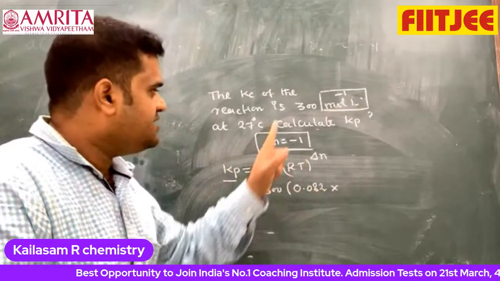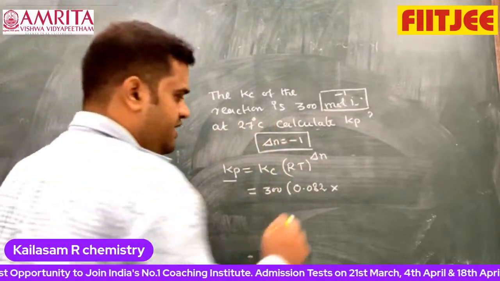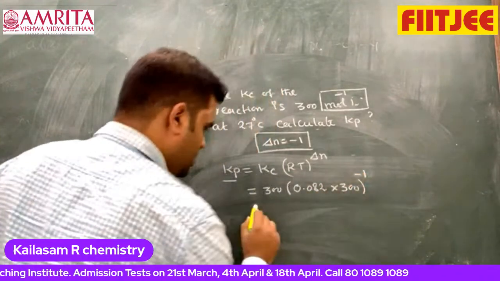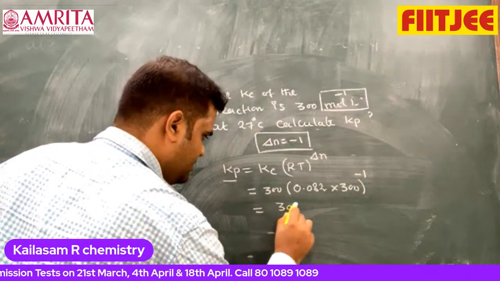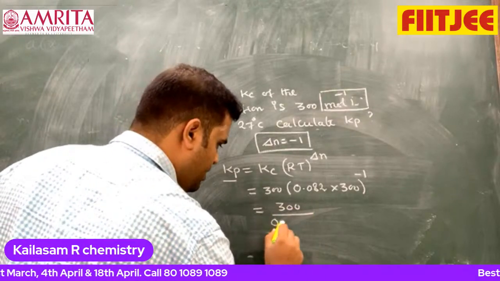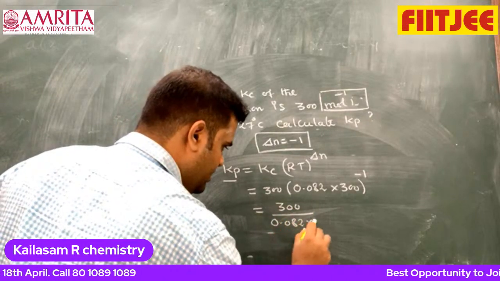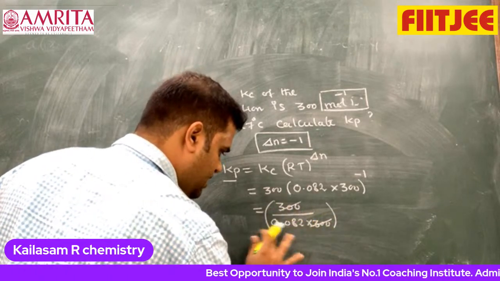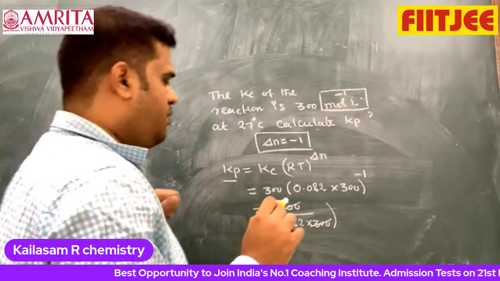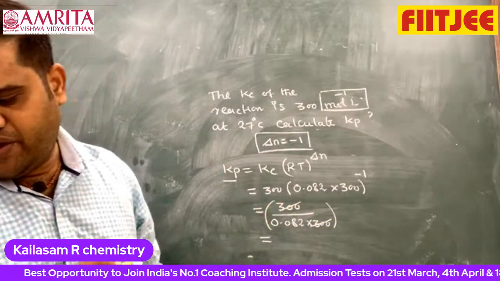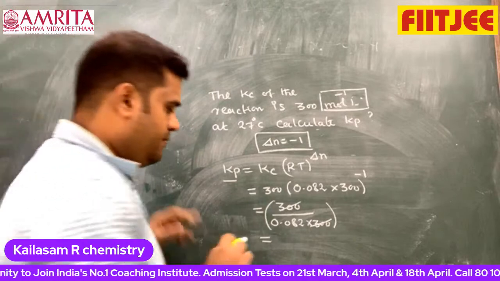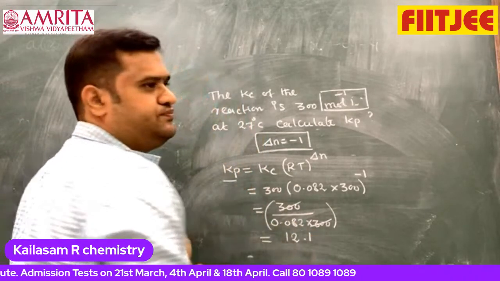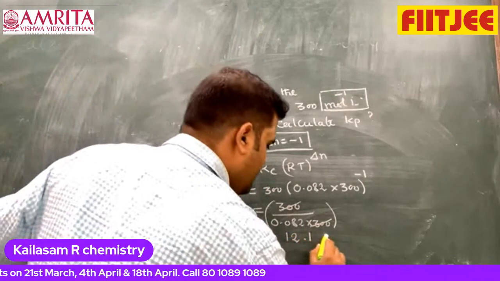And temperature is given as 27 degrees Celsius, so 300. So you write Kc as 300 and (0.082 into 300) whole power -1. So I can write 300 by 0.082 into 300. That cancels out. Therefore you have 1 by 0.082. If we simplify that, you are going to get the answer 12.1.